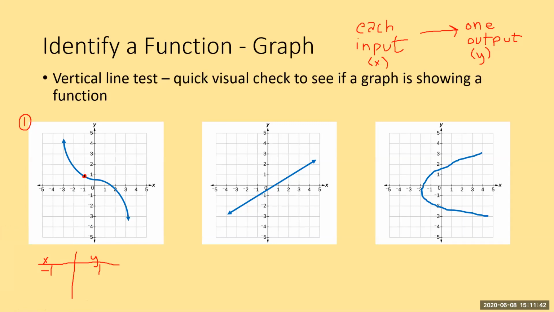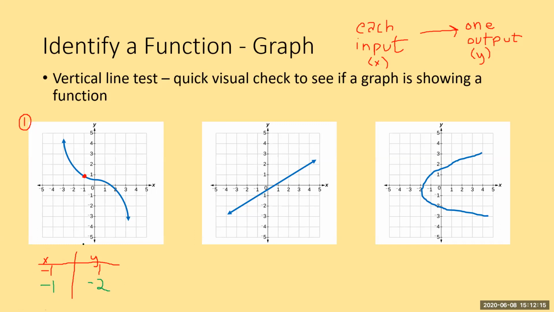So when I ask myself if this is a function, I'm asking myself, does each input have exactly one output? Well, what would it look like if that wasn't the case? On this graph, that would mean that there's more than one Y value for an X value. So if we think about the X value of -1, let's say -1 also had a Y value of -2.